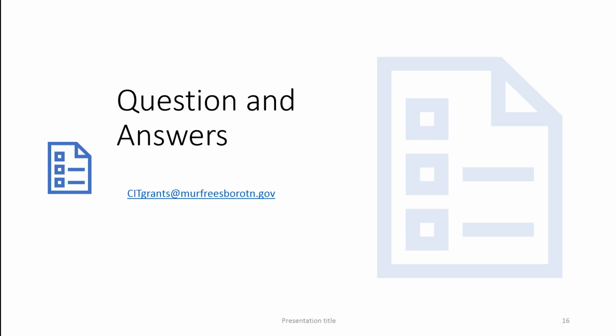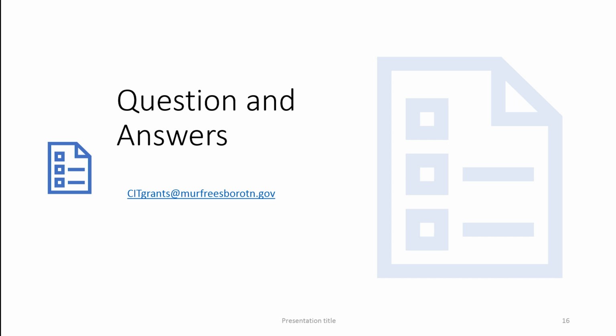If our organization is based in Murfreesboro but serves all of Rutherford County, can we apply? You can apply, but the funds must benefit Murfreesboro directly. Your use of funds can't benefit people outside of the city of Murfreesboro, so as long as you can designate that your project is benefiting those within the city limits of Murfreesboro.